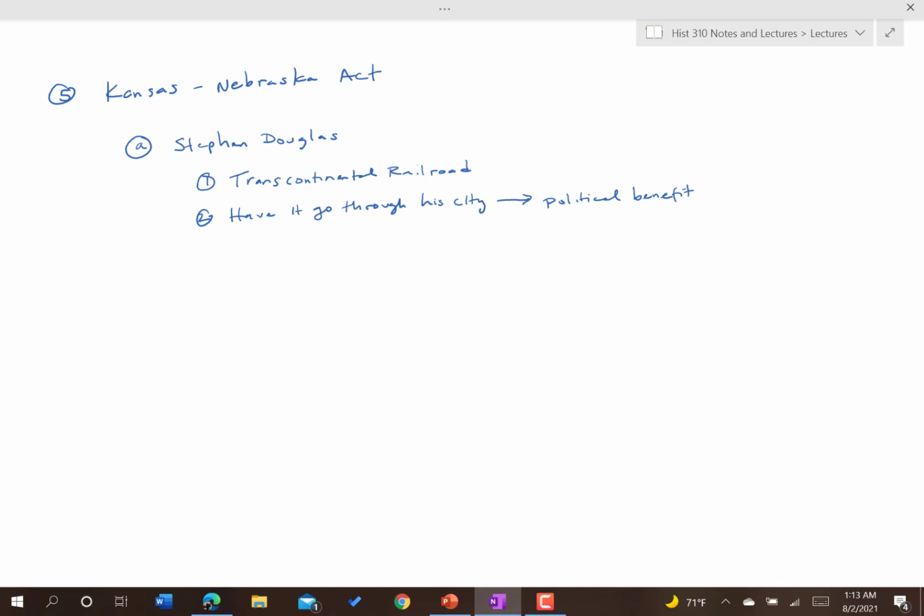Of course, there were other arguments for this, the strengths of the northern route, that west of the Mississippi would run mostly through land that was inhabited by Native Americans, so redirecting it through his region would be a benefit. And so what he ultimately did is he introduced a bill in 1854 to create a new territory.